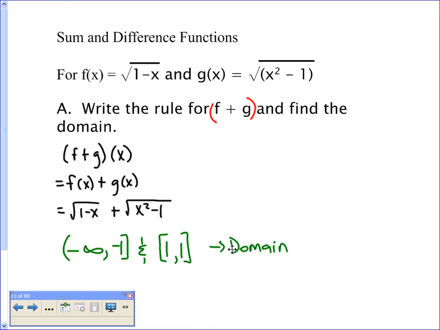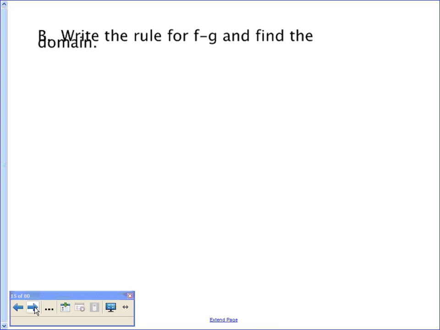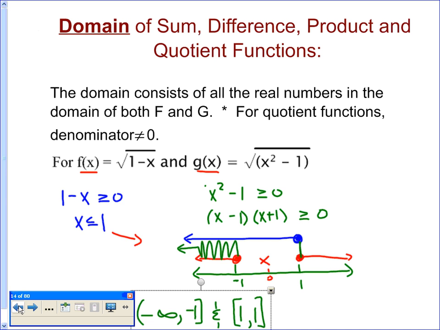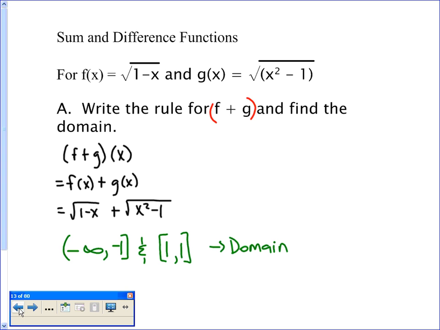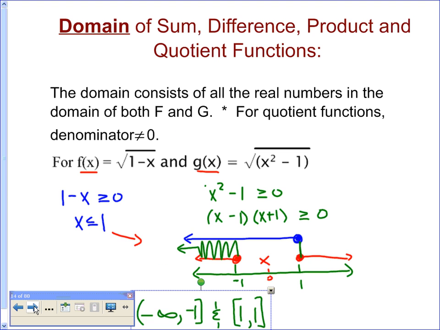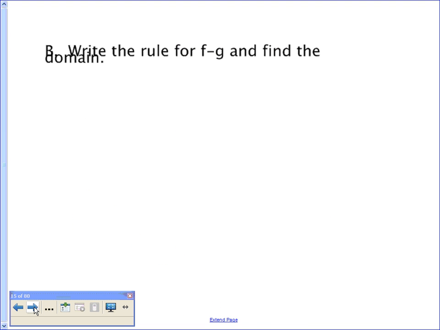So now let's move on and talk about the difference. We're working with the same f and g, and this time we want to find f minus g. So f minus g is actually going to be exactly the same as what I did here, except for one thing. So I'm going to copy this. And so we have f minus g of x is just f of x minus g of x.